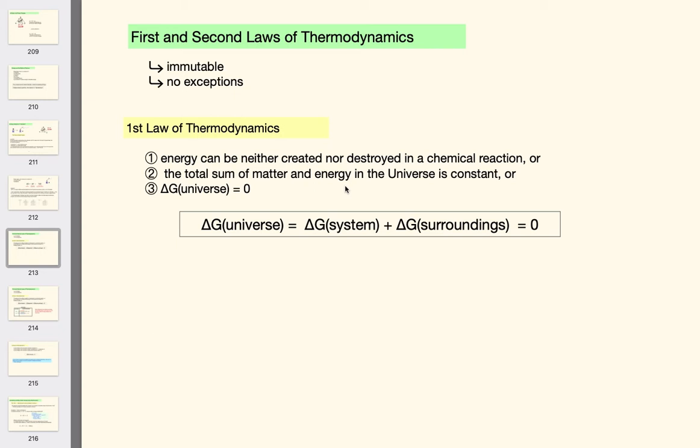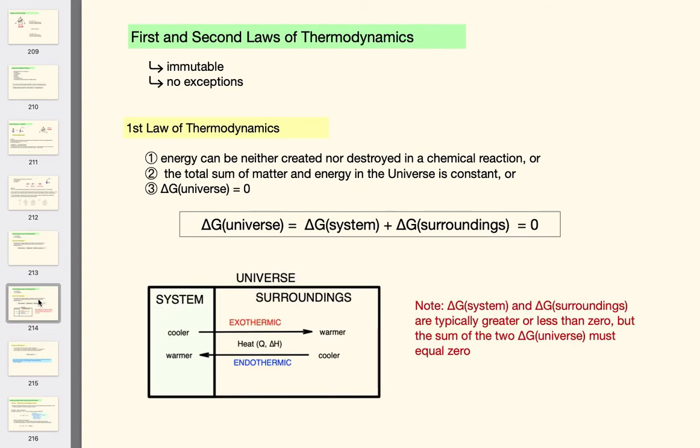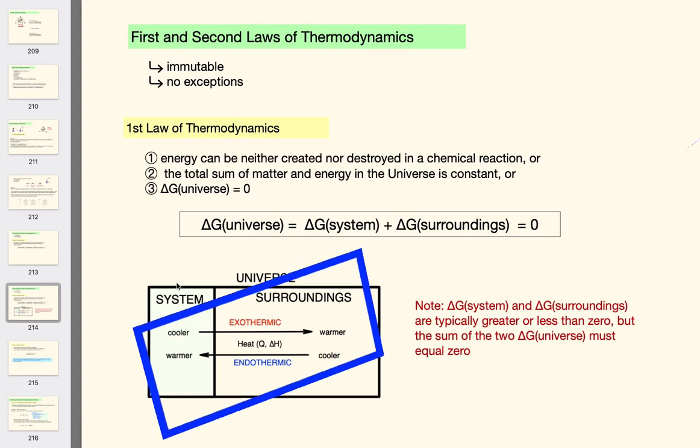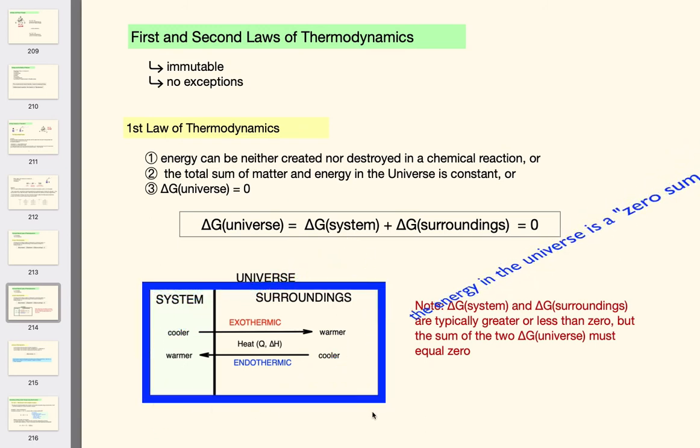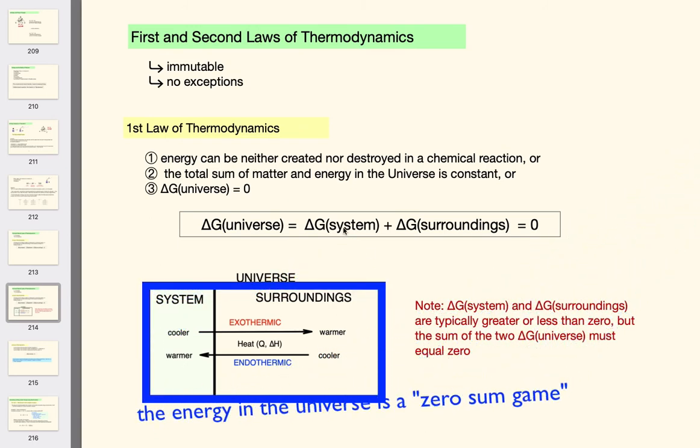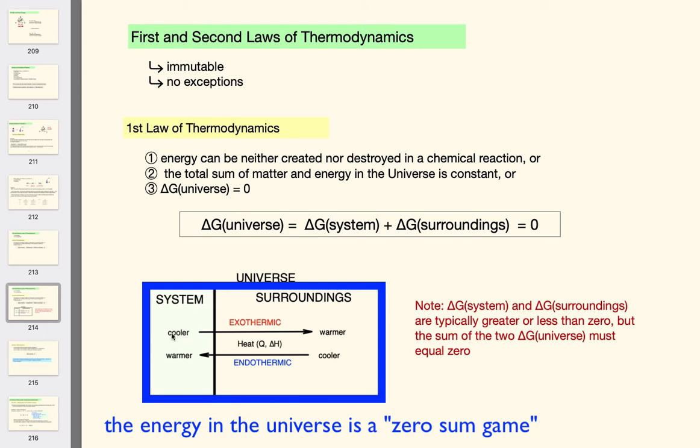And mathematically, we can put that delta G for the universe is 0. So, let's have a look at that schematically. Yes, very familiar diagram. Delta G for the universe is constant. Delta G for the system can change, but the surroundings has to change just as much.